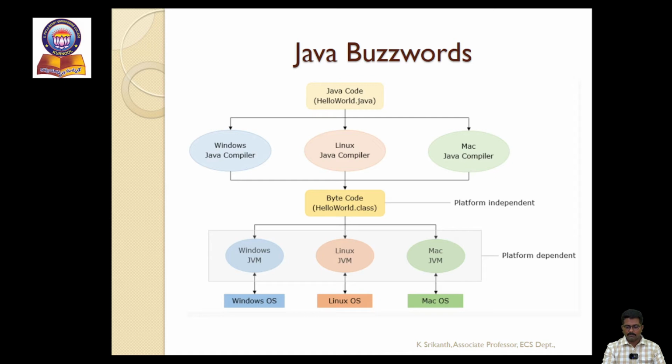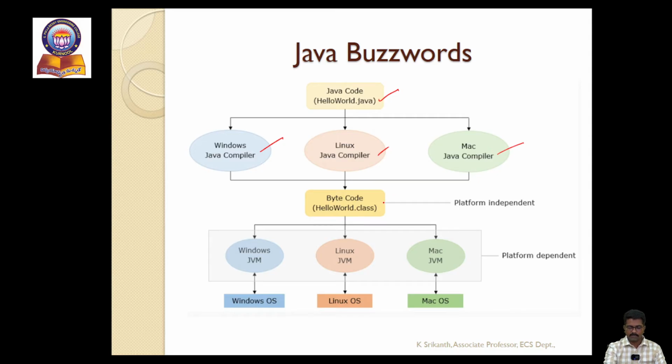And this diagram is already covered in the last video, but at present, because we are focusing on platform independent, I want to repeat this figure once again. If you see, the .java file is given to the individual compilers of operating systems, so the Windows Java compiler, Linux Java compiler, and Mac Java compiler.